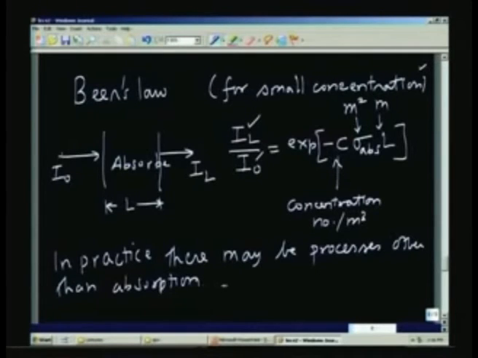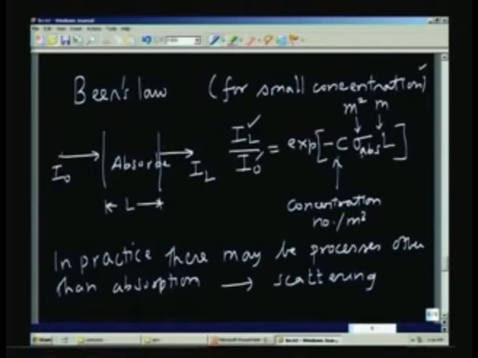One of them is of course scattering. So, in principle I have to augment the sigma absorption by the scattering process.